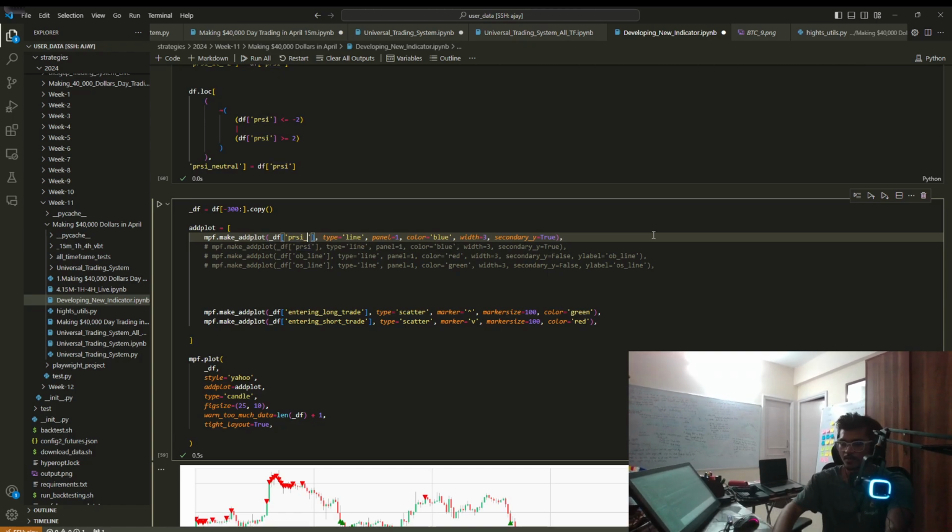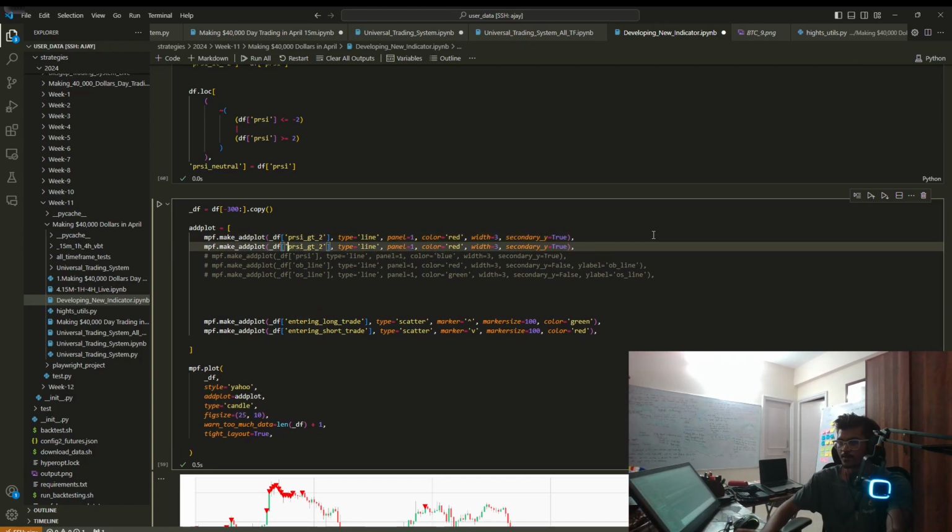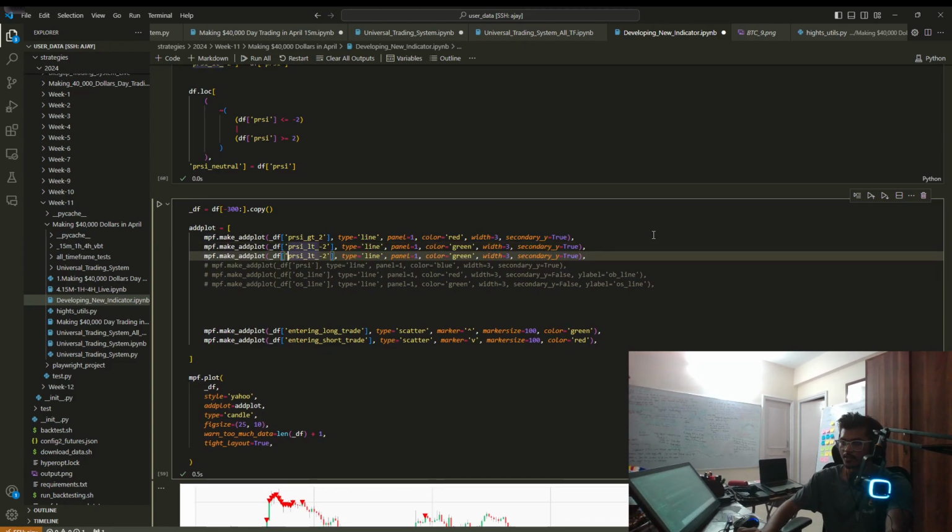So here PRSI greater than 2 would be a red line, less than -2 would be a green line, and neutral would be gray.